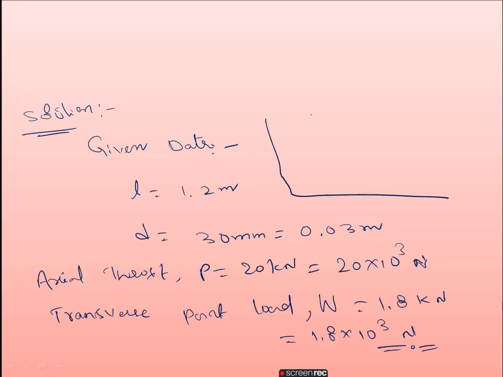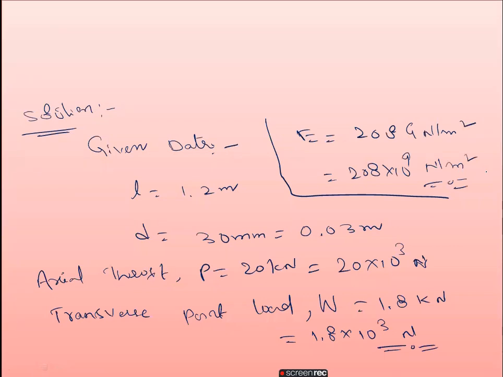The E value they gave is 208 giganewton per meter square. If I convert into Newton per meter square, that is 208 into 10 power 9 Newton per meter square. Mega means 10 power 6. So these are the values given in the problem.